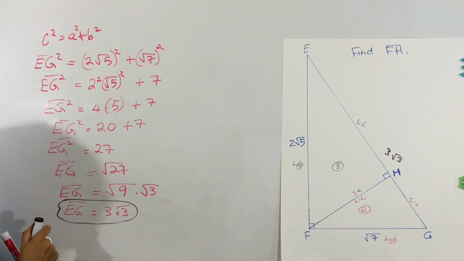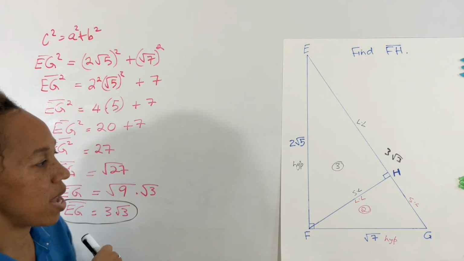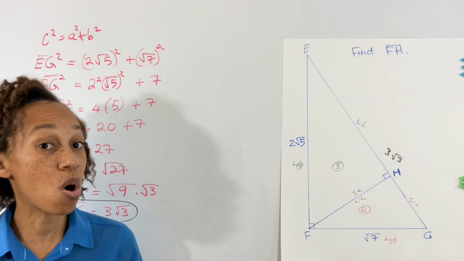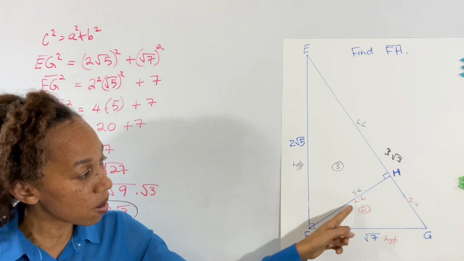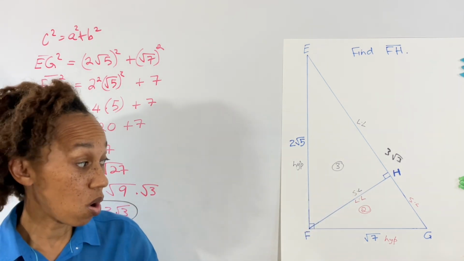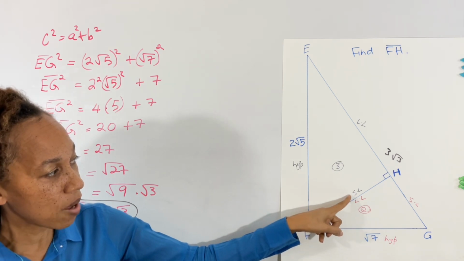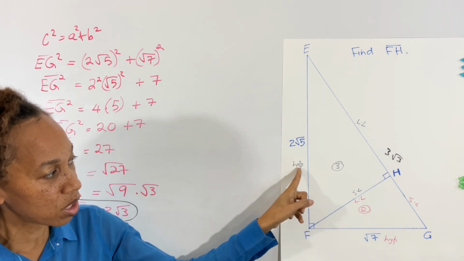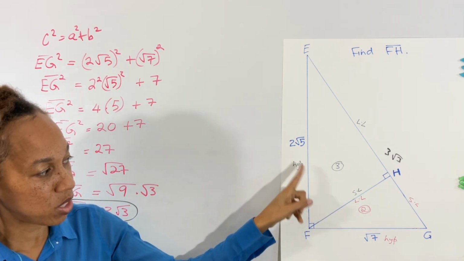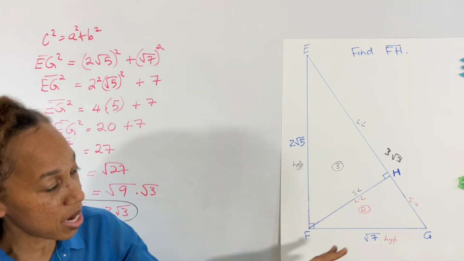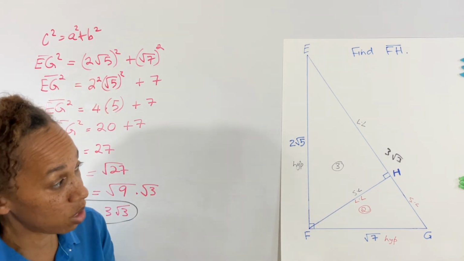Now that we have that, we can go ahead and use any one of the ratios, whether we use short leg over hypotenuse, or long leg over the hypotenuse, to get our answer. We need to now label the main triangle because we didn't do that first.